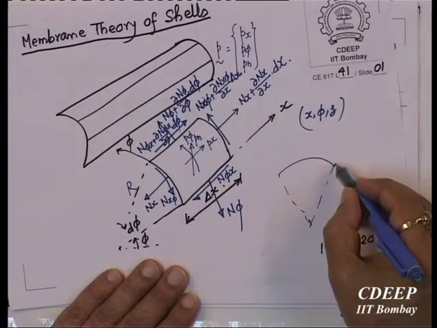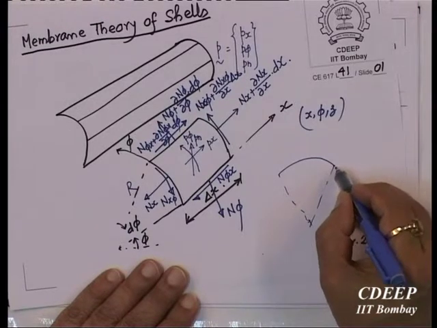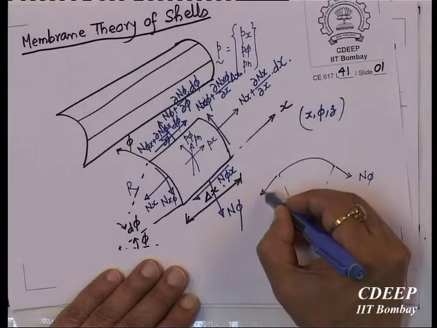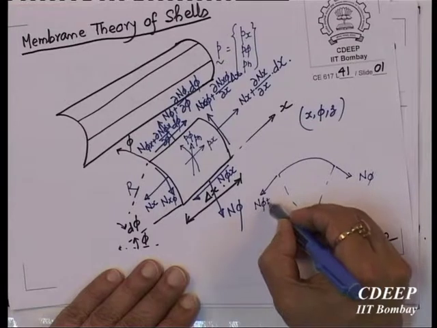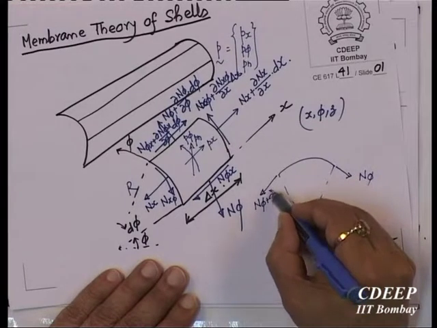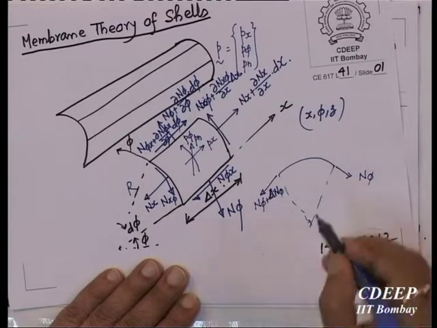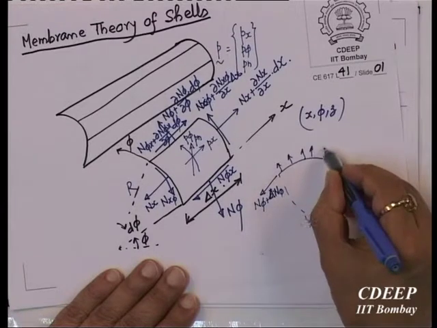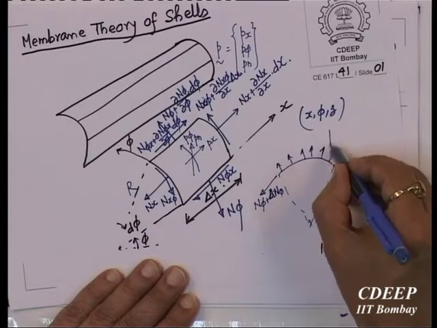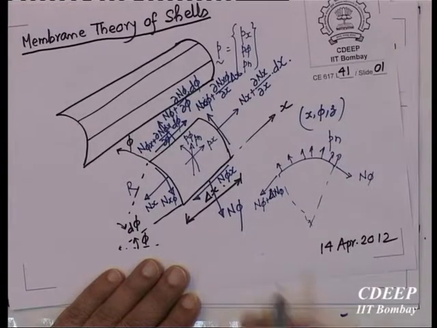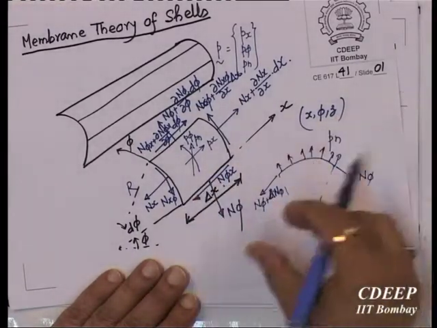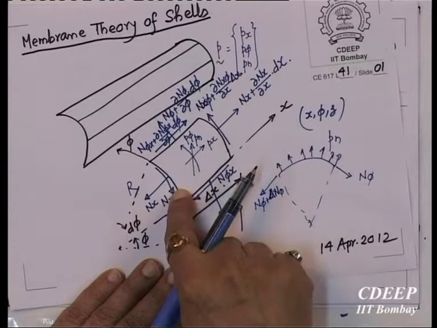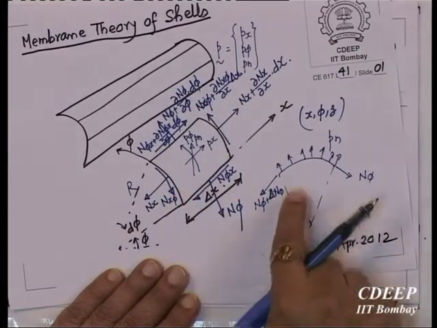N phi is here, and on this side n phi plus delta n phi, and this is all your P n, and of course the length is x. If you take vertical equilibrium only, this force will not enter.